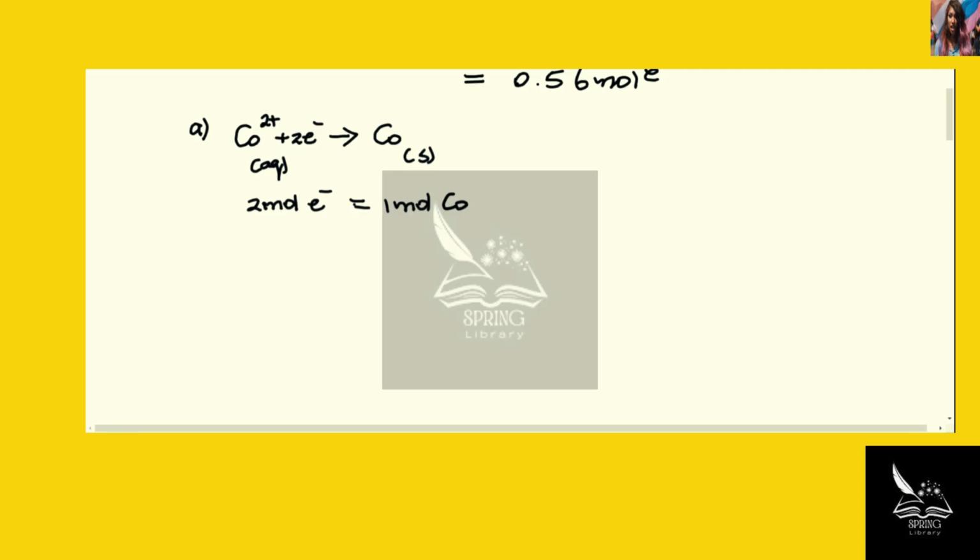Therefore, 0.56 moles of electrons would produce 1 divided by 2 multiplied by 0.56 moles of cobalt.